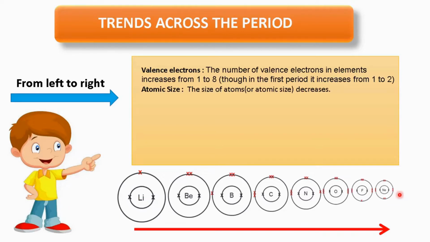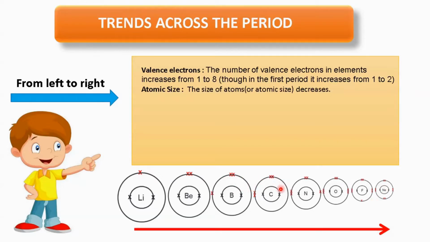Next we will be discussing the atomic size. From left to right, the atomic size decreases. Why does it decrease? Because as the number of electrons increases gradually within the same shell, the effective nuclear pull is increasing. Let me explain further.